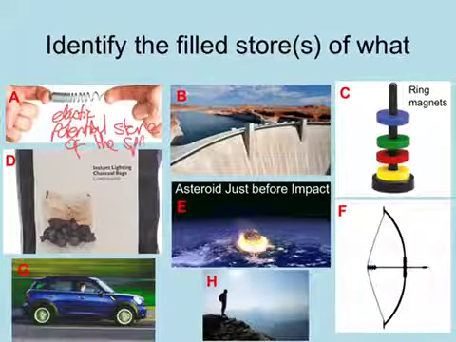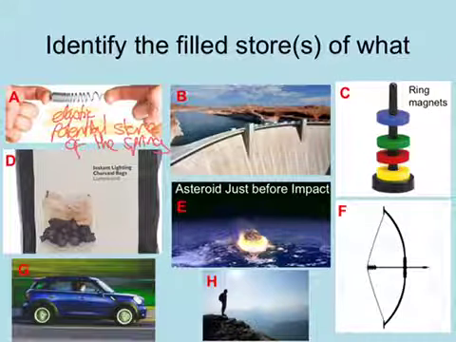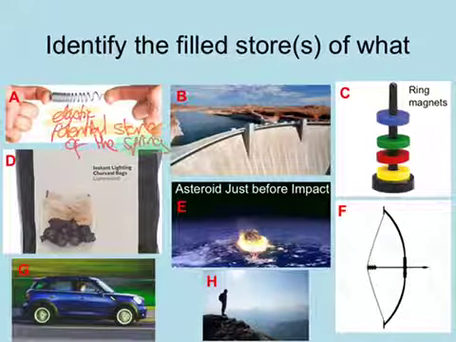As I said, it's really important that you identify both the store, elastic potential store, and the object, in this case the spring, for each one. So have a look at the remaining pictures and try to decide what store of what object is filled.